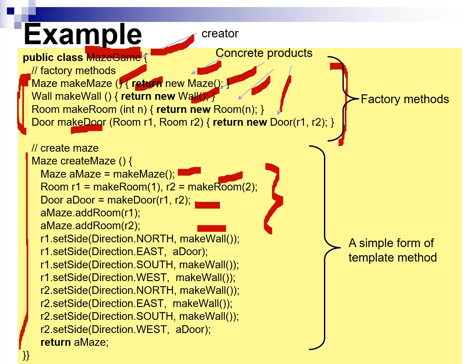So you see here that now the advantage is that if I want to create a different type of maze with different types of rooms, for example, enchanted rooms or enchanted doors or bombed walls, bombed rooms, or whatever, I need to create a subclass of maze game that overrides these methods here to create different types of rooms, different types of doors, different types of walls, etc. But then this method will work just the same, because it contains invocations to these methods that will be overridden.